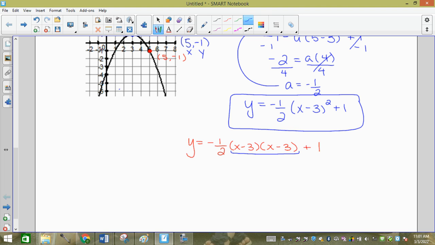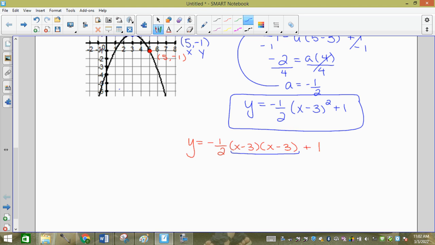Instead of putting the negative a half into the first bracket and foiling, you could just FOIL those two brackets, then put the negative a half in. And I would suggest that if your a is a fraction, it'll make it easier. So there's two ways you can get standard form. You can either put the number into the first bracket, then FOIL, or you can FOIL first, then put the number in, which is what I'm going to do in this instance. I don't care which one you pick. Pick one, stick to it.